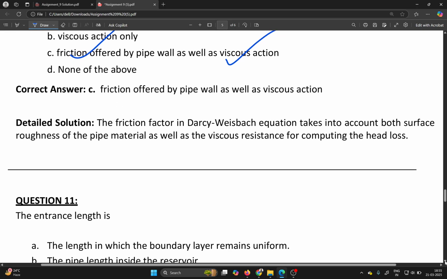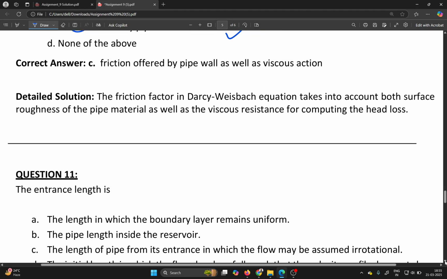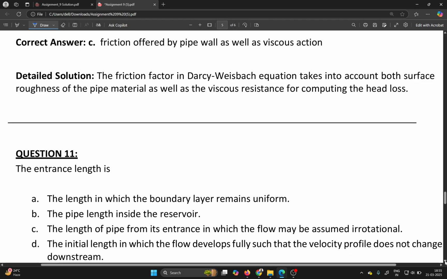The entrance length, what is the entrance length? An important concept, I have also discussed the entrance length. The length in which the boundary layer remains uniform; the pipe length inside the reservoir; the length of pipe from its entrance in which the flow may be assumed irrotational; the initial length in which the flow develops fully such that the velocity profile does not change downstream.